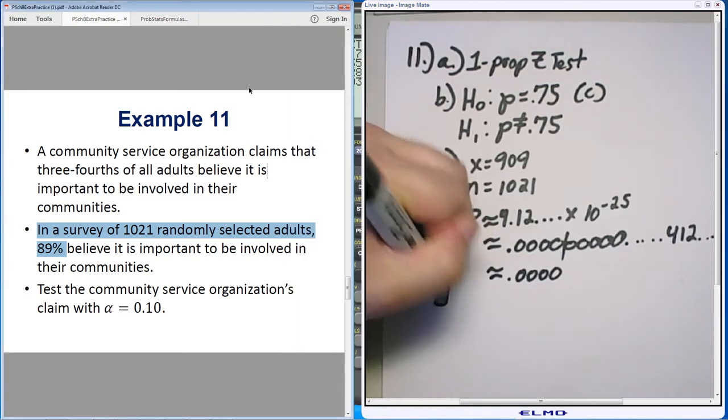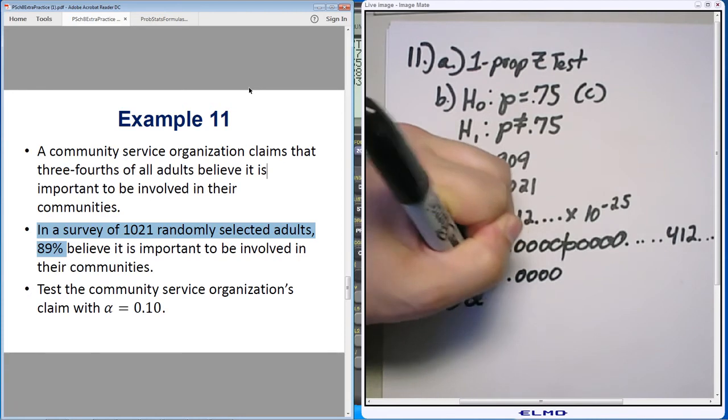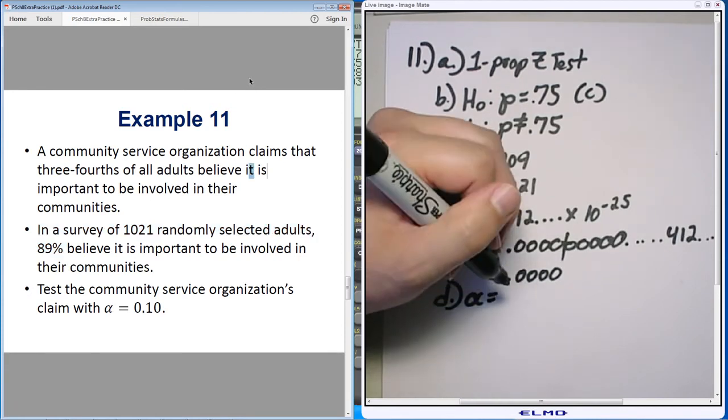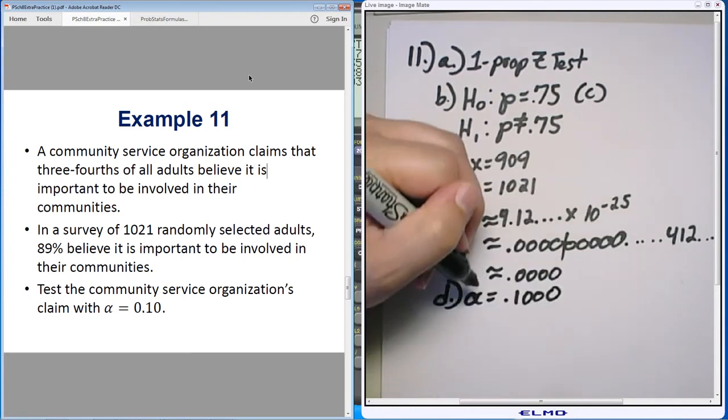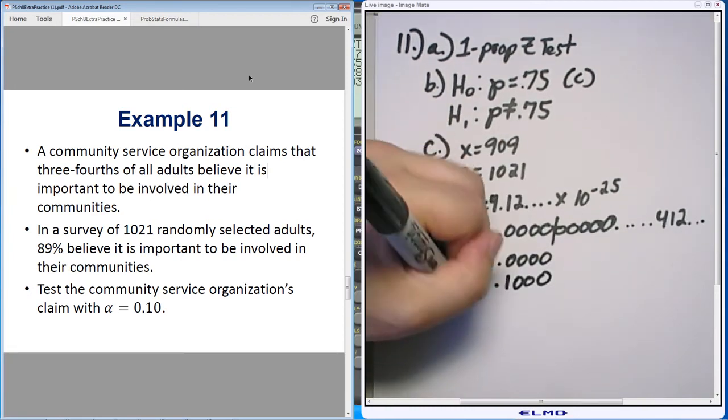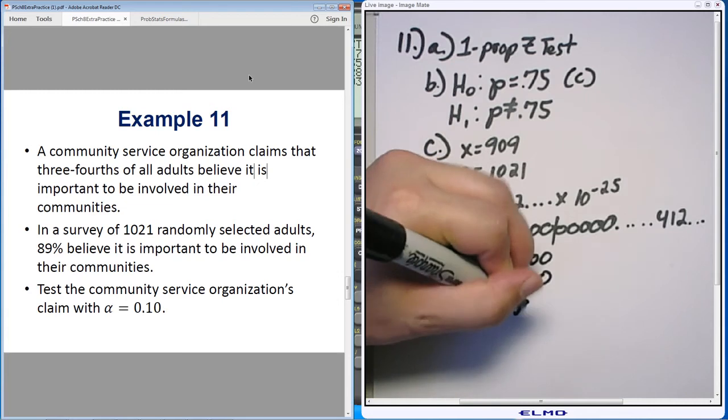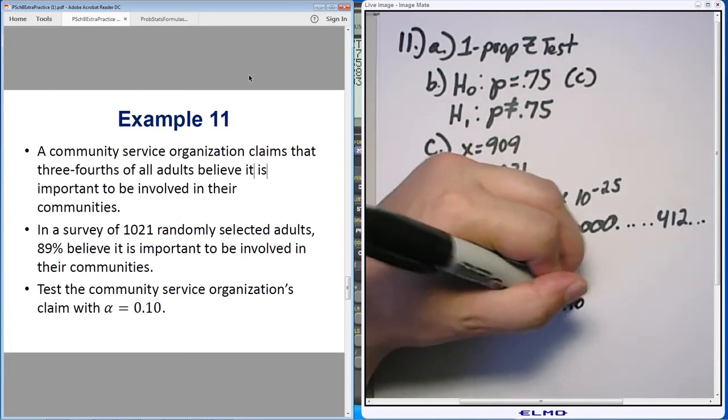Next step, compare it. Alpha is 10%, and you can see that alpha is definitely bigger, so we reject h sub 0.